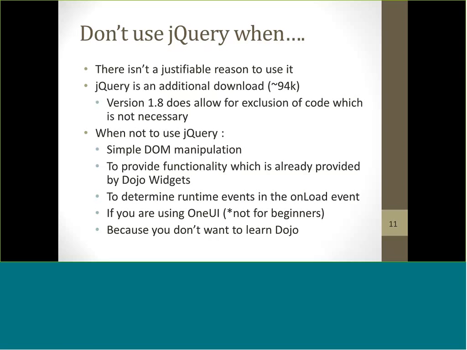And this is an interesting distinction in the way that Dojo and jQuery developers have created this. The jQuery development team have put all of the functionality into one library to make it easier for the developer to be able to do what they want.